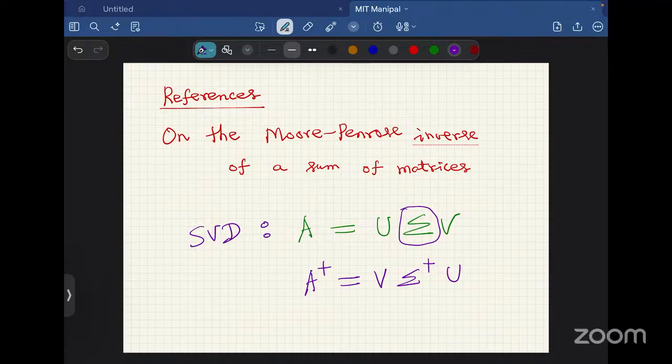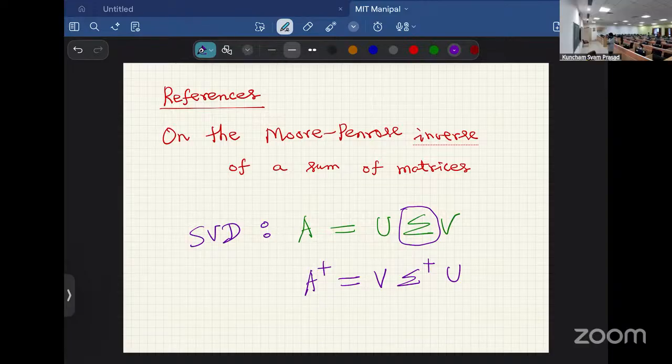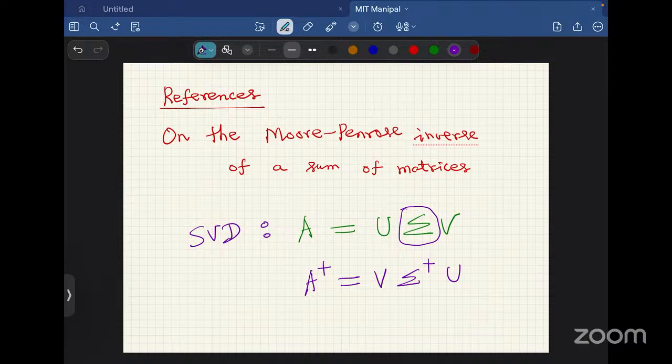Actually, when we keep all the non-zero diagonal entries above, and the zero diagonal entries at the bottom, then the inverse of sigma will be the inverse of the diagonal entries. But wherever there is zero, we keep the entries as they are. We will not be changing them. That becomes the inverse of the matrix sigma.